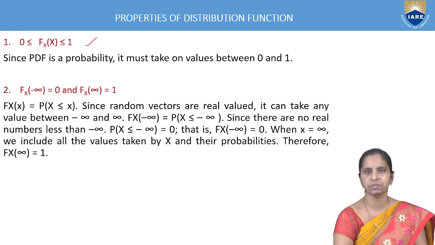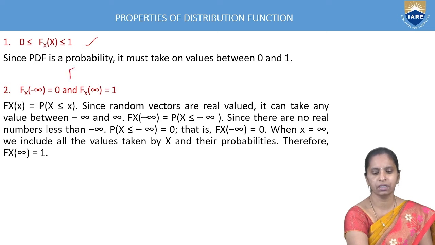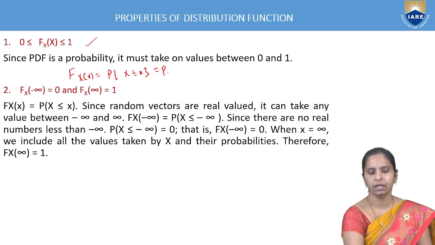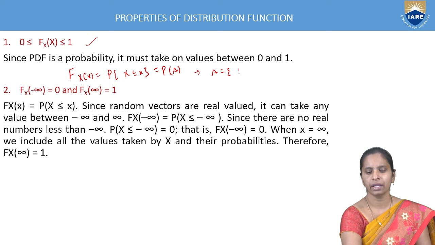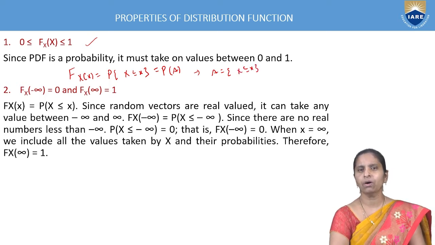So how can you prove this property? What is the probability distribution function? F_X(x) is equal to P of X less than or equal to x. Let us say I denote A as the event X less than or equal to x. Now, we have already seen the axioms of probability.